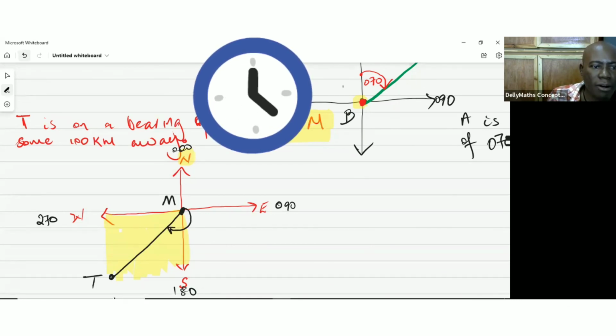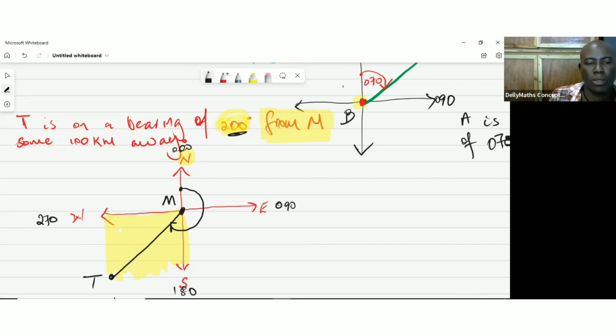All bearings are from the north. So I'm going to step to the north of M, that's there, and I'm going to go in a clockwise direction in a circular path until it touches the line that leads to T. This degree is my 200 degrees. Hence, the bearing of T from M is 200 degrees. And I could now put on my 100 kilometers because it is 100 kilometers away.